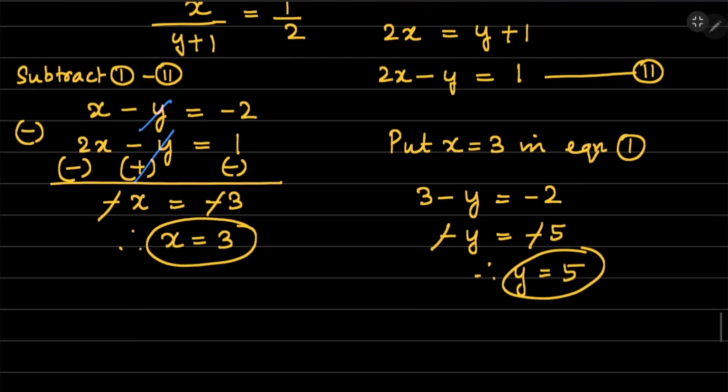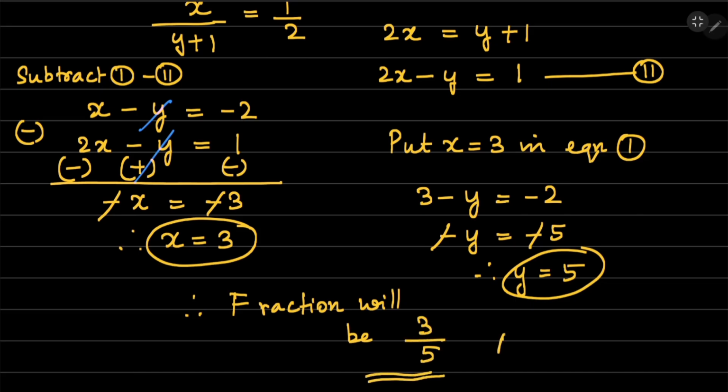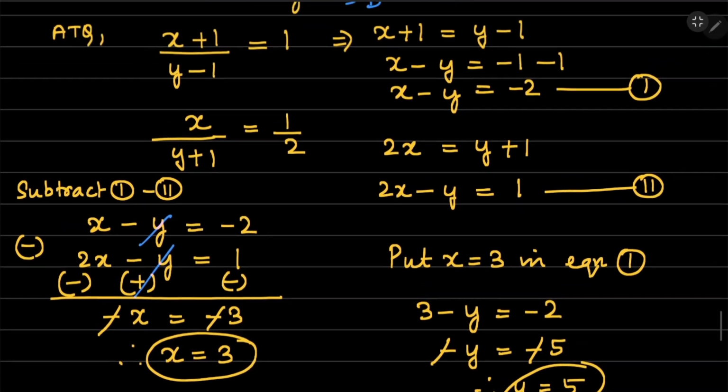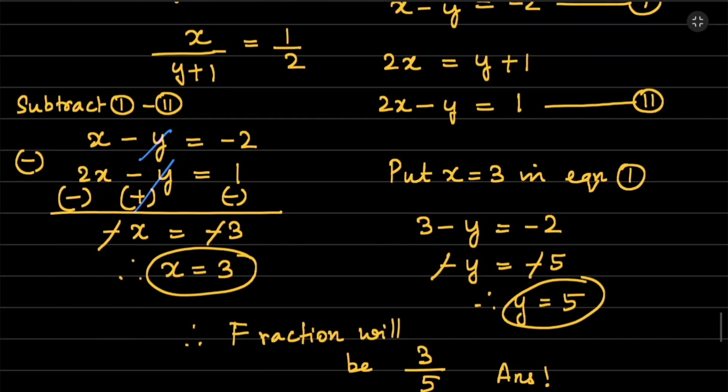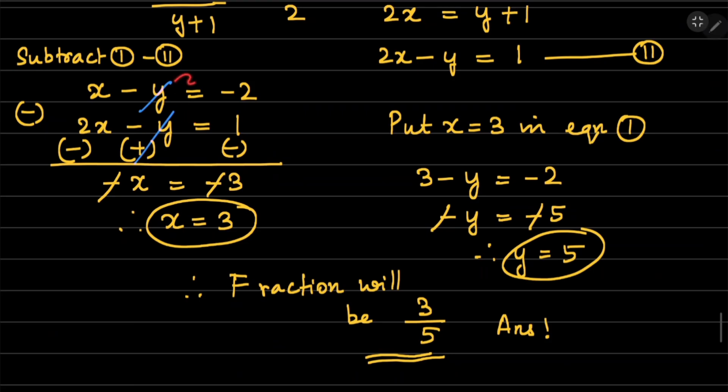Once you've got x and y, what is the fraction? Therefore, the required fraction will be x by y. That is 3 by 5 is your final answer. Okay, it's 3 by 5. You have found the answer using the elimination method. Right? You have eliminated y, isn't it? So this is the elimination method.